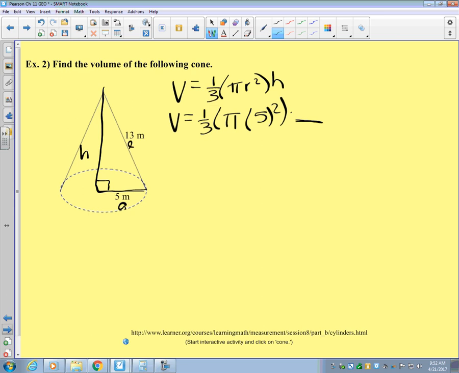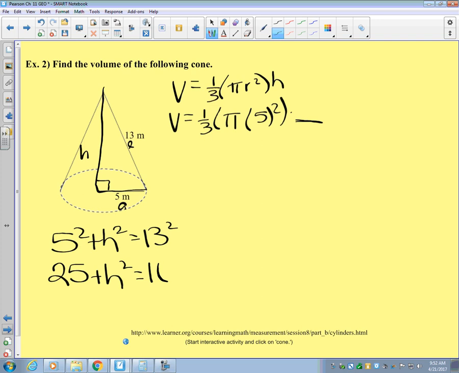So I'm going to have to use the Pythagorean theorem. 5 squared plus h squared equals 13 squared. By the way, this is one of our special triples. If you pull out your little note sheet from chapter 8, this is one of the triples we wrote down. The answer is 12. But anyway, I don't expect you to have that memorized.